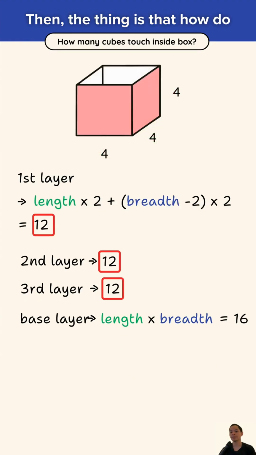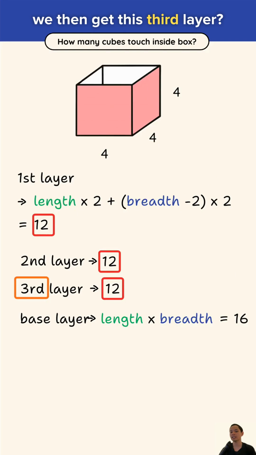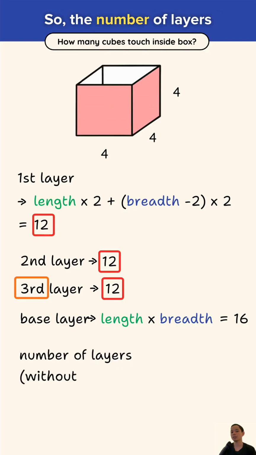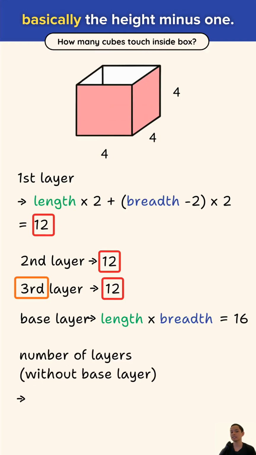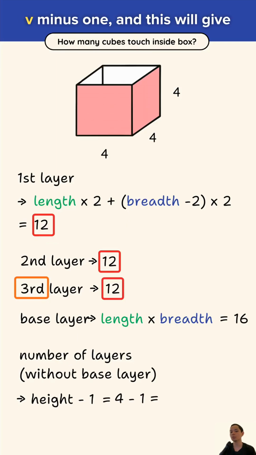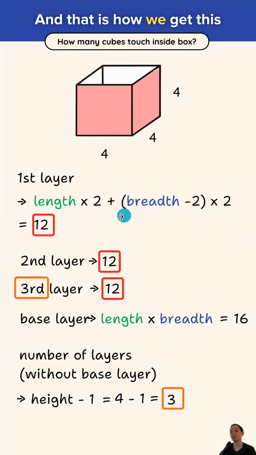Then the thing is that, how do we then get this third layer? So the number of layers without the base layer is basically the height minus 1. So the height over here is 4, we minus 1, and this will give us 3. And that is how we get this third layer over here.